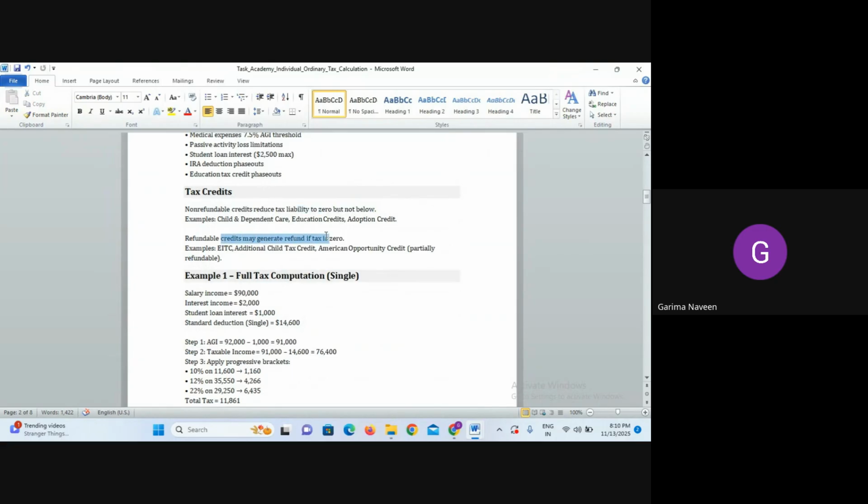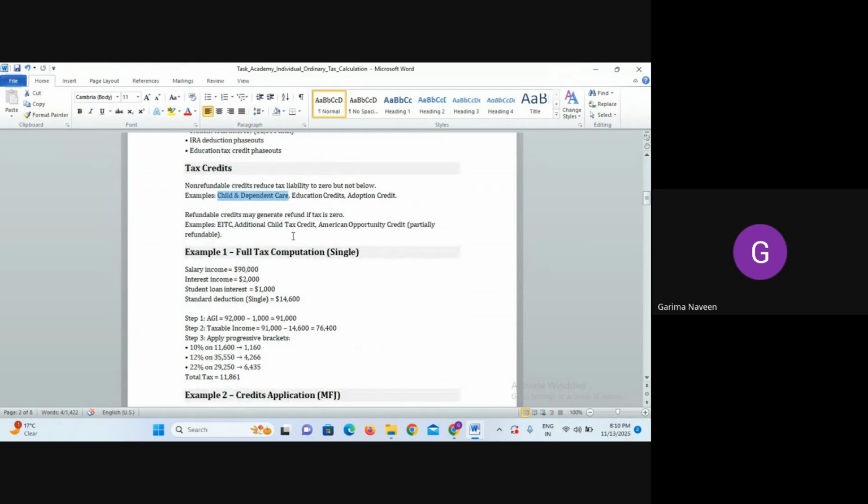Whereas refundable credit means if your credits are more than your tax liability, then the excess may get refunded. Some examples of non-refundable credits are child and dependent care credit, education credit, and adoption credit. Refundable credits include EITC, additional child tax credit, and American opportunity credit. EITC means earned income tax credit.